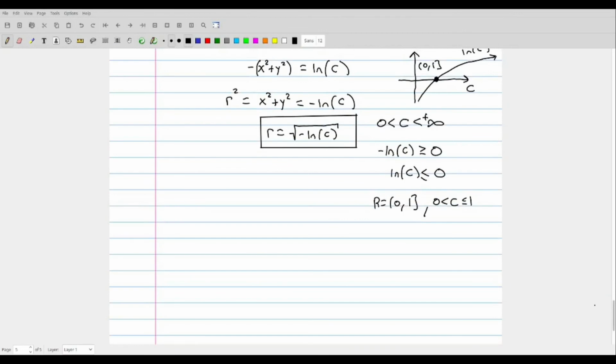And we can go through this. If you do the traces of this function, you'll see that the traces look very similar to the function. So the y trace, when y equals 0, is the function z equals e to the negative x squared. The x trace, these are just the traces at 0, but sometimes that's enough to give you an idea of the shape, is e to the negative y squared.